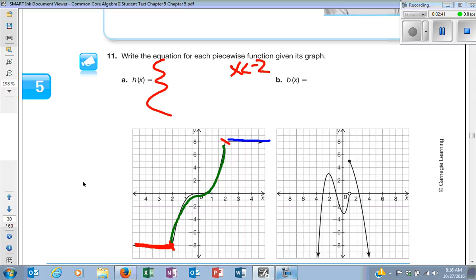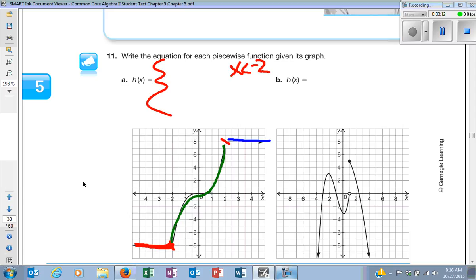I can either stick it with the red or I can stick it with the green, and it doesn't matter because both of them use that same point. But I can only stick it with one of them. So I'll let you choose. Do you want the red one to be the equal to, or the green one? And for this one, it wouldn't matter which one you picked. Do you understand why? So I'm going to leave it like that.